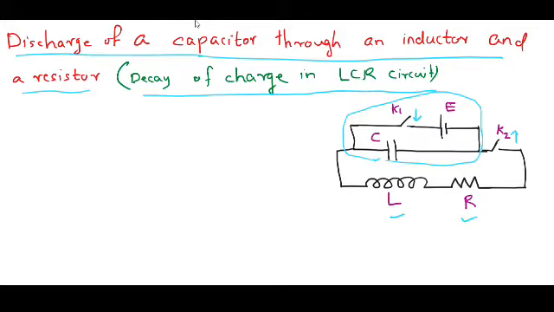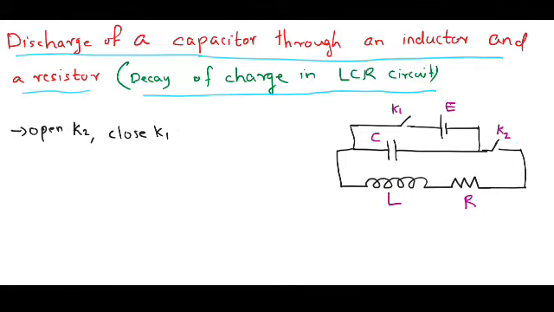First we charge the capacitor. For this we will close the key K1 and open the key K2. That is, first open the key K2 and close the key K1.